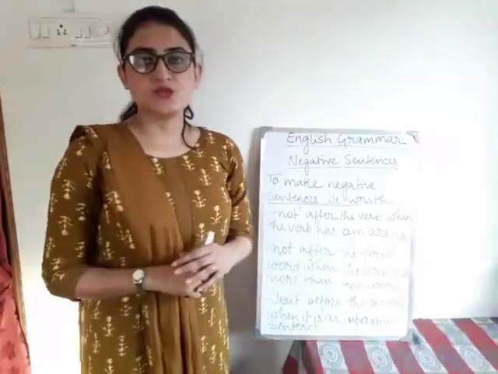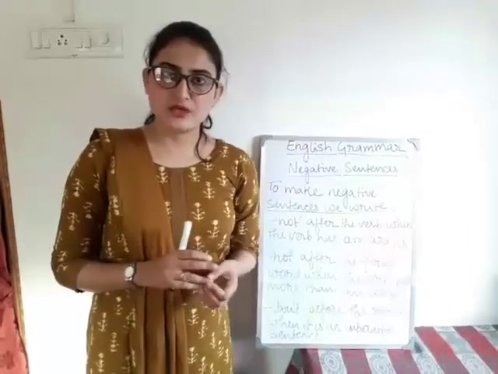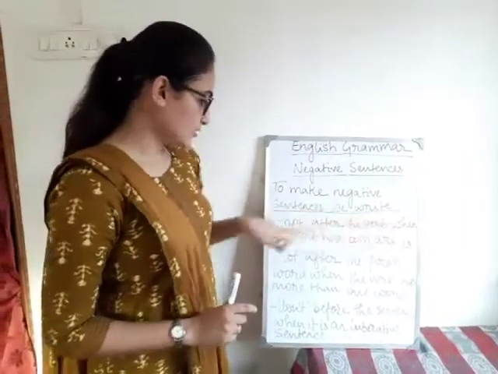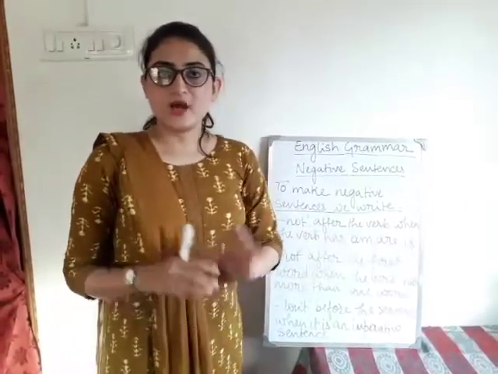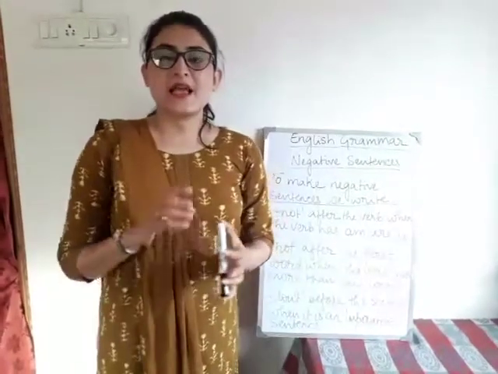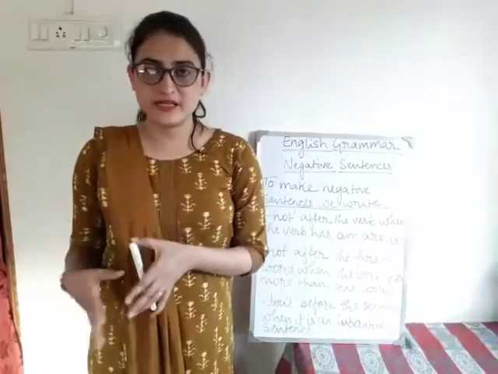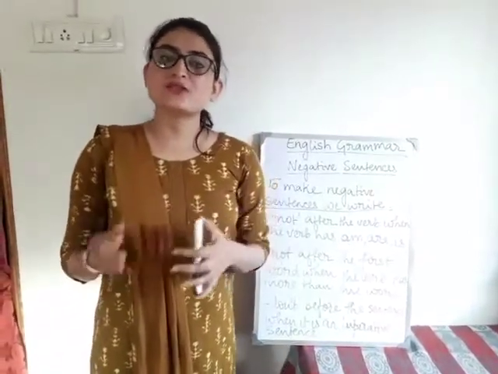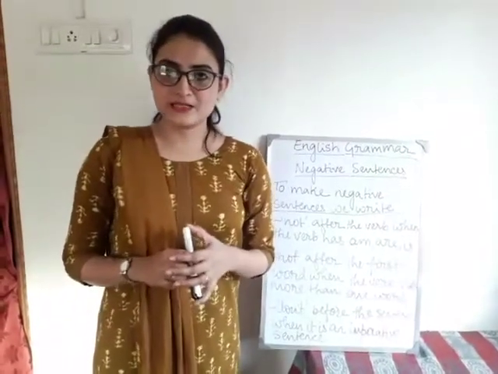The first rule to change a positive sentence into negative is we write not after the verb when the verb is am, are or is. When a sentence has a helping verb like are, am or is, we write the word not just after the helping verb to make it a negative sentence.